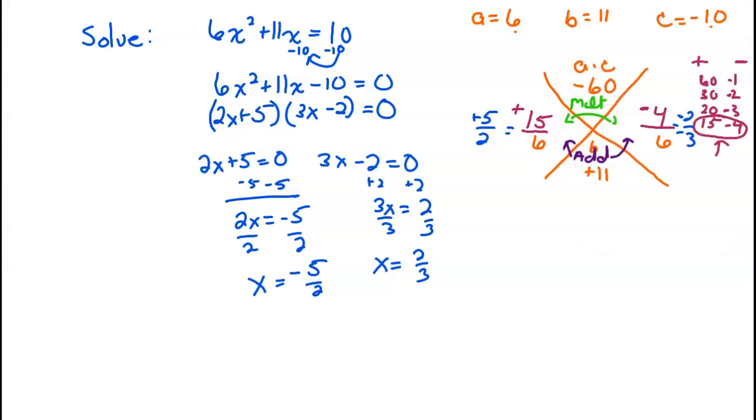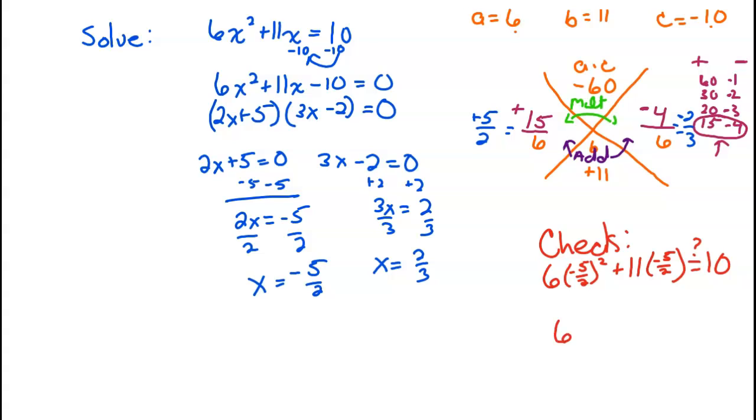With math, with algebra, you can check yourself. So check, plug in those values. Negative 5 halves: 6 times a negative 5 halves squared, plus 11 times a negative 5 halves, does that equal a positive 10?